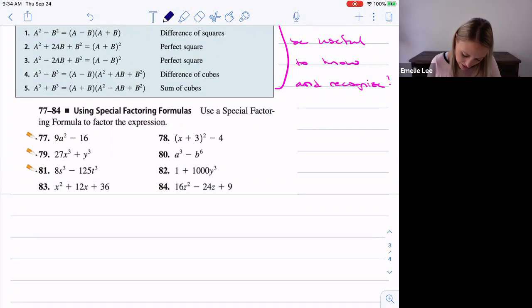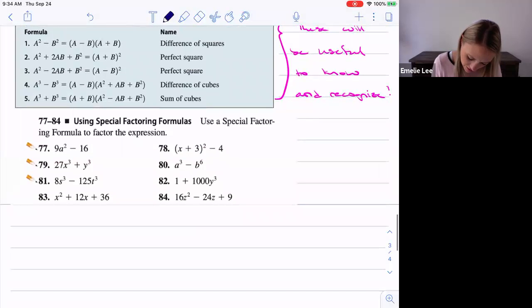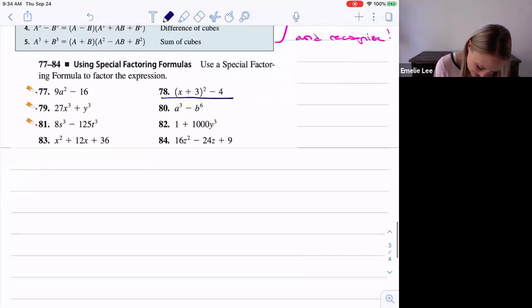If we have to factor something like, and some of these are a little bit trickier than what we want, let's do something a little bit easier. Easier only because I don't want you to worry about too much.